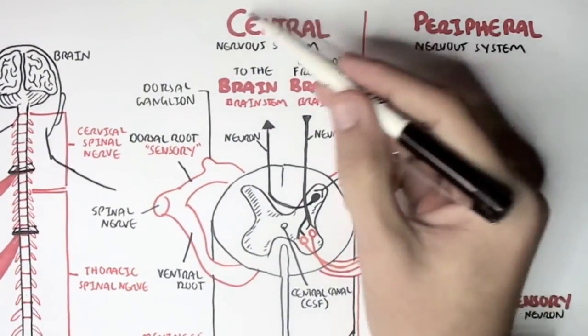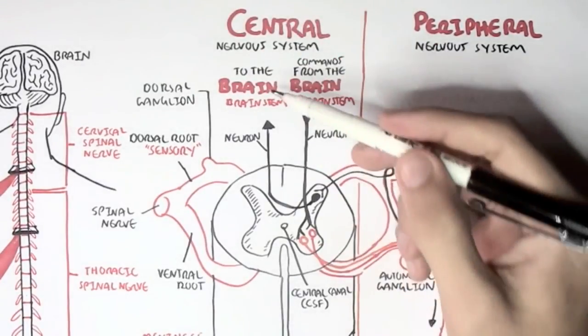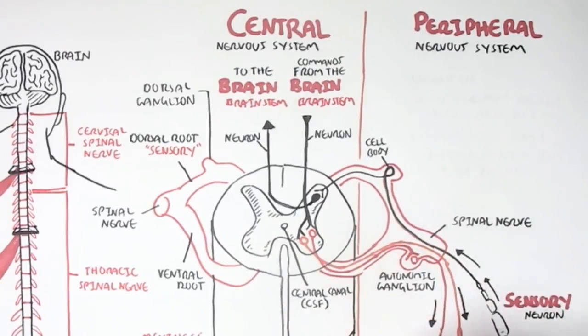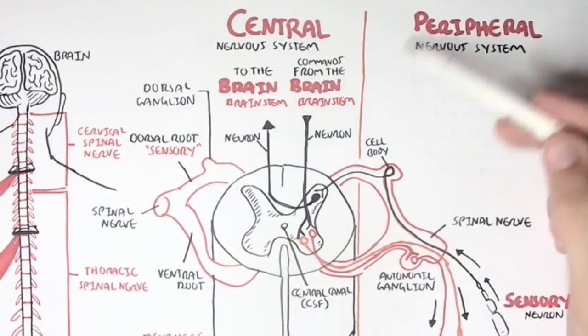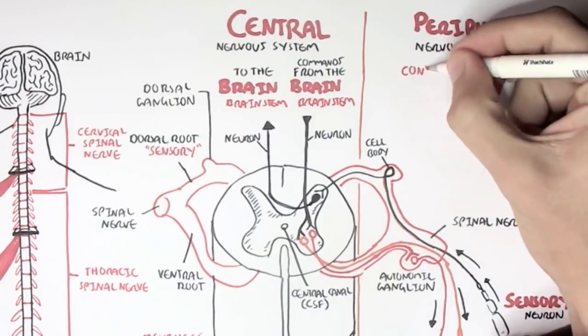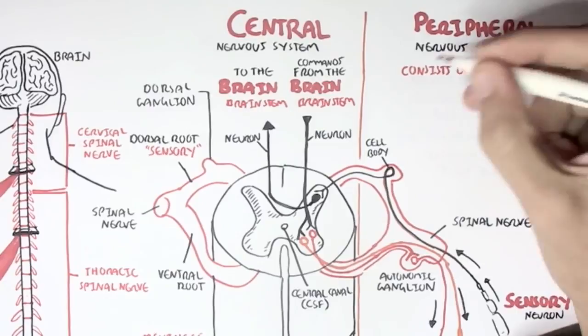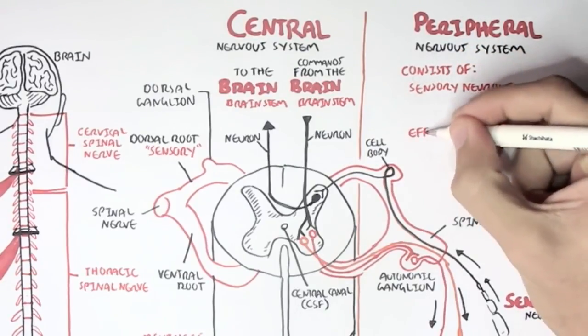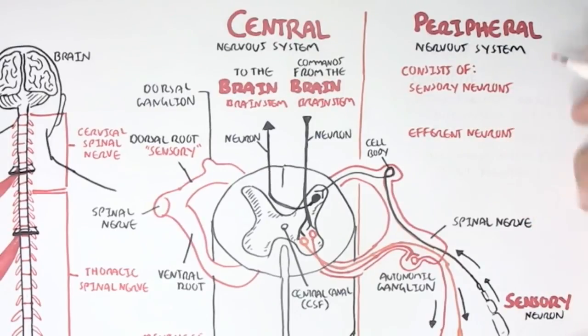Now let's just look at it as a summary. We have the central nervous system, where we have the spinal cord. And within the spinal cord, we have neurons that carry sensory information and also carry commands within the spinal cord. Then we have the peripheral nervous system, which consists of two types of neurons: the sensory neurons and the efferent neurons, also known as the motor neurons.